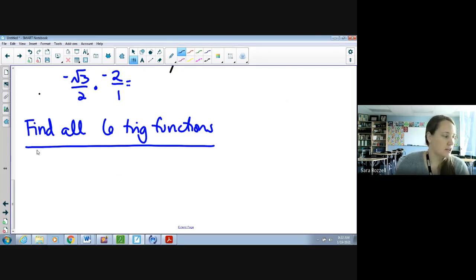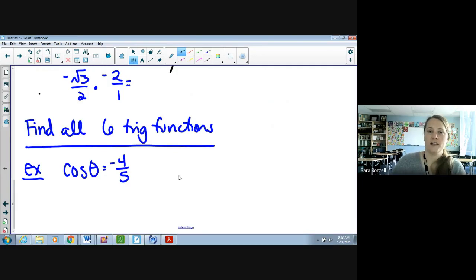So they'll tell you something like cosine of theta is equal to -4/5. And then they tell you something else like cosine is -4/5 and sine is greater than 0.